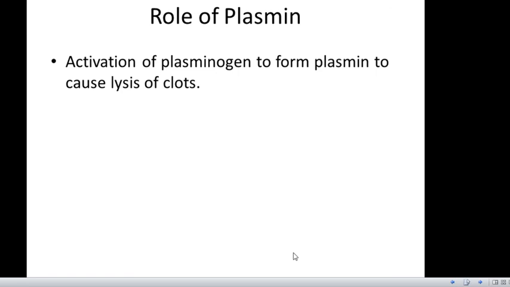The role of plasmin. We have already discussed the formation of plasmin and how it is activated from plasminogen to form plasmin, and how it causes the lysis of clots in the earlier part of this lecture.